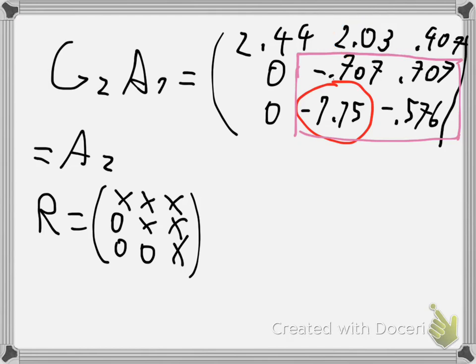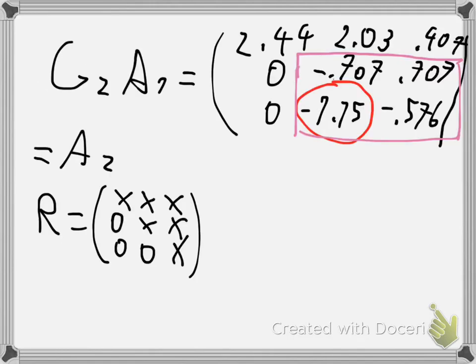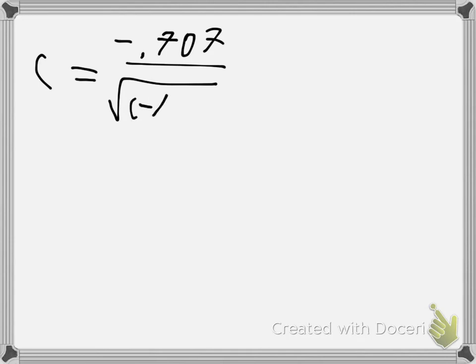So our formula changes a bit because our cosine will be equal to the top element, but here in the submatrix, so it will be minus 0.707 over square root of, plus the element you want to eliminate, so this doesn't change.